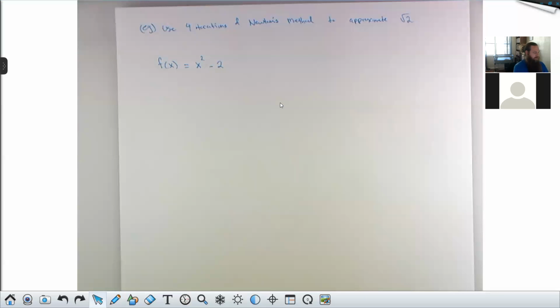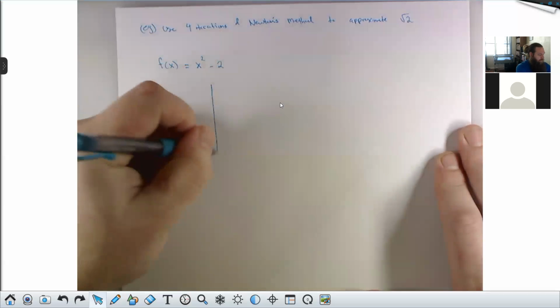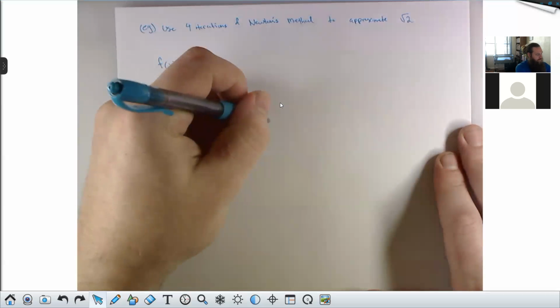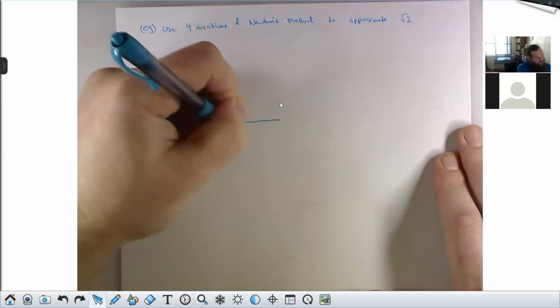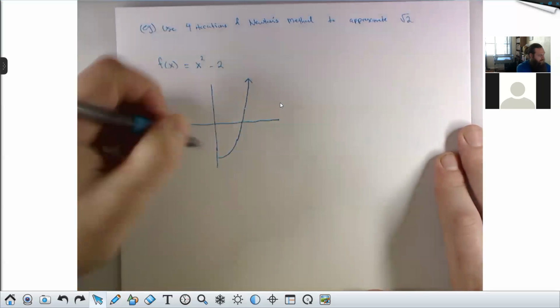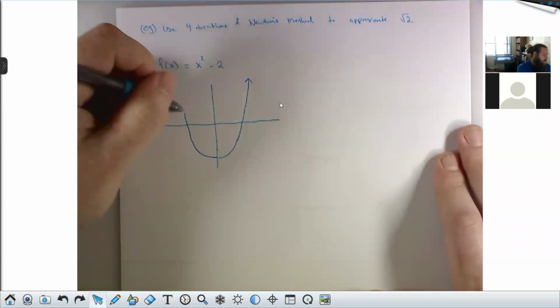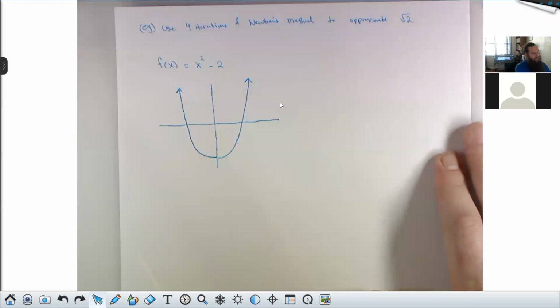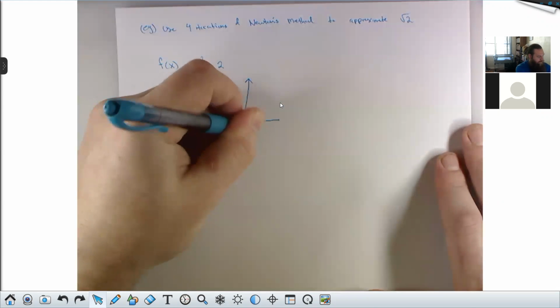Right? We know that this actually has 2 x-intercepts. One of them is the positive square root of 2, the other one is the negative square root of 2. So right over here is the square root of 2.